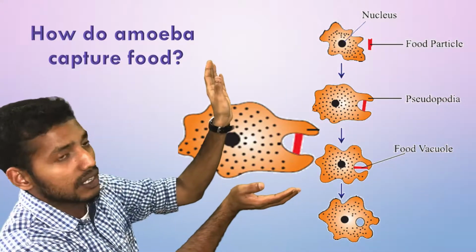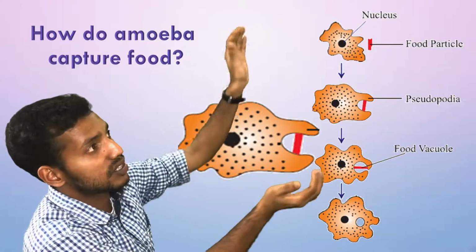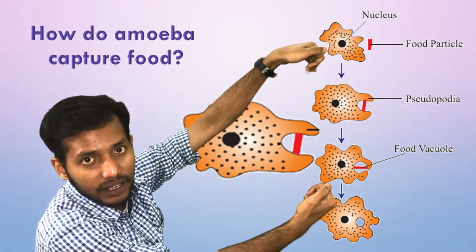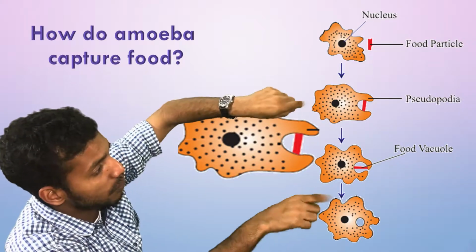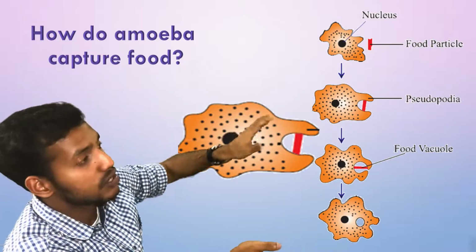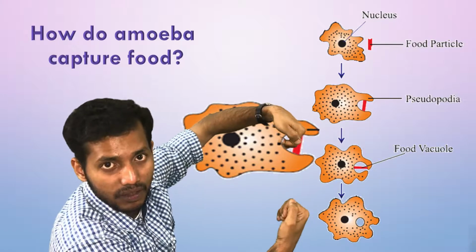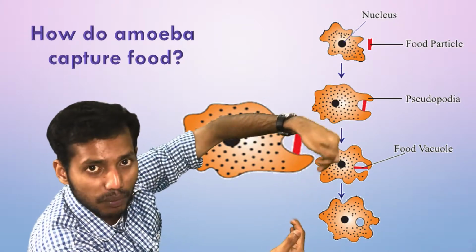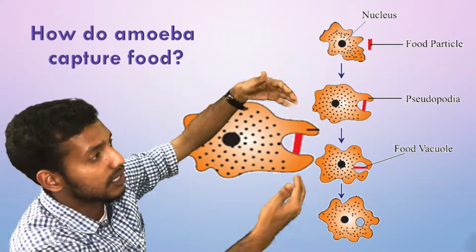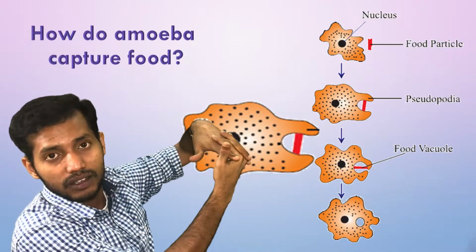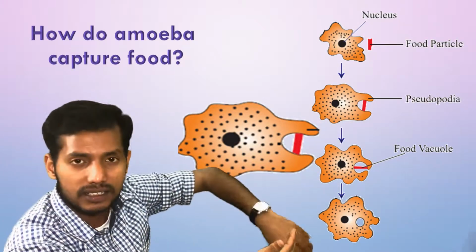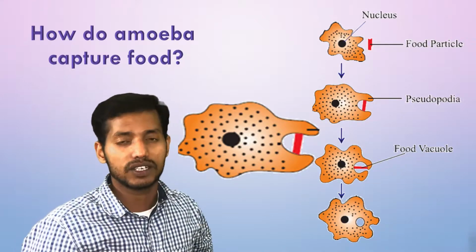Its shape gets elongated or projected outward. That projected portion you can call pseudopodia. Once the food particle enters inside, it will form a vacuole. Then finally the digestion process and excretion process will take place.